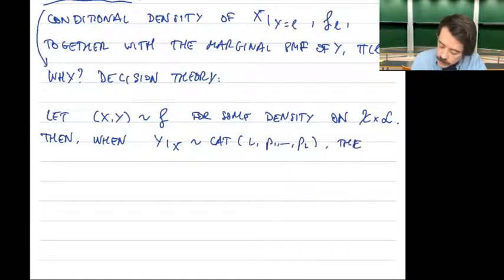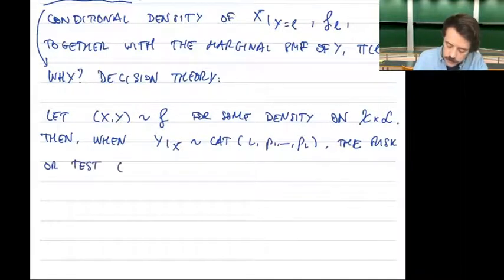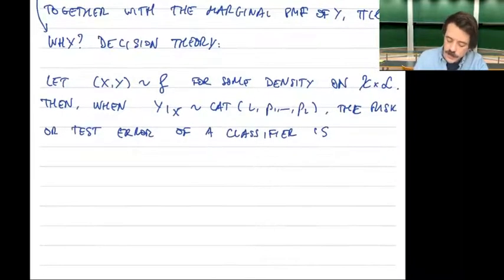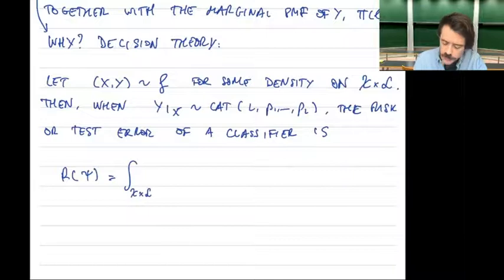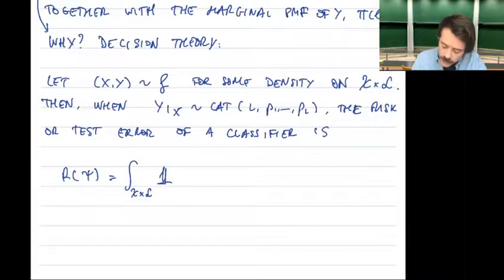The risk, or test error, of a classifier is given by this quantity, capital R of psi, being equal to the integral over this product space of an indicator for when the label that we assigned to this X is distinct from a given L, and we integrate this with respect to the density.